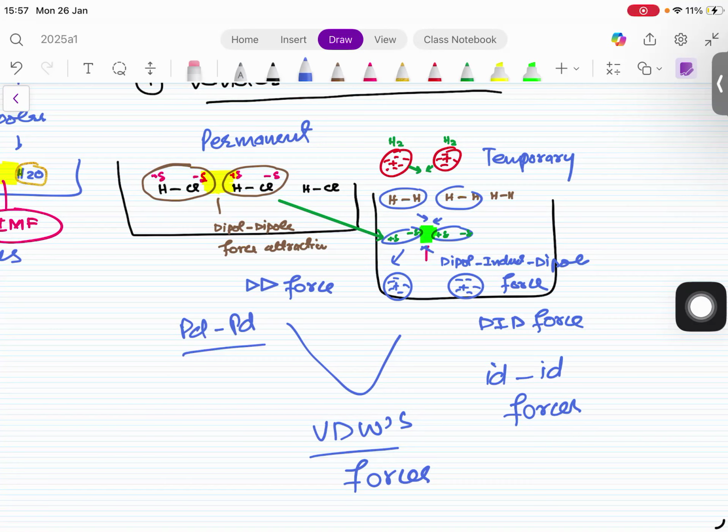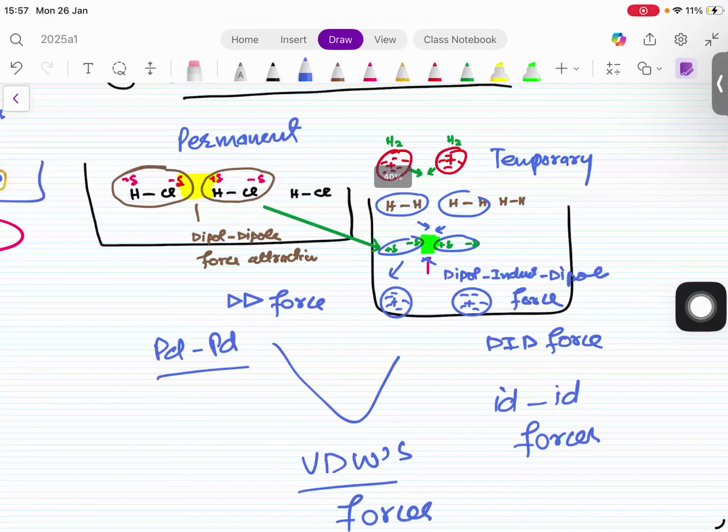All those covalent molecules, which are polar or non-polar, do have van der Waals forces. But if they already have permanent poles, then the force of attraction, where the negative end of one dipole attracts the positive end of another dipole, is known as PD or DD. If there are no permanent dipoles, they are created.